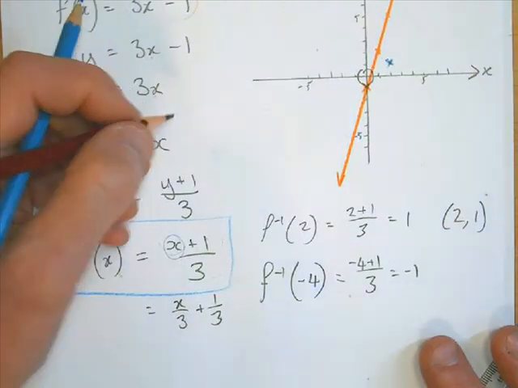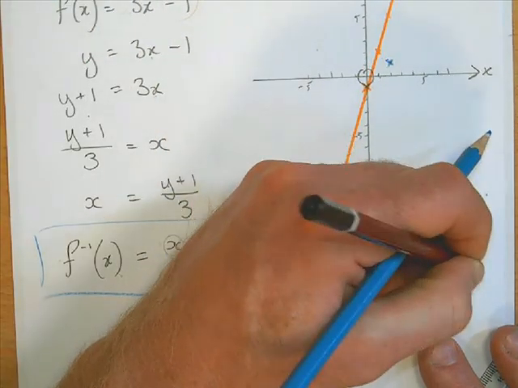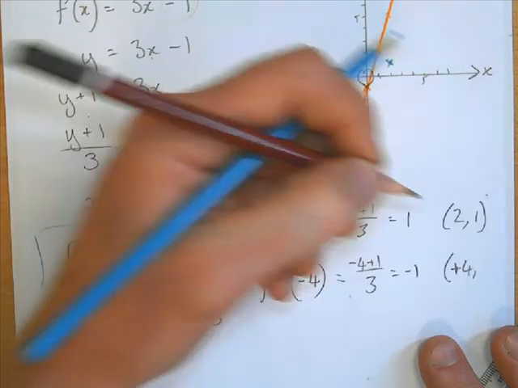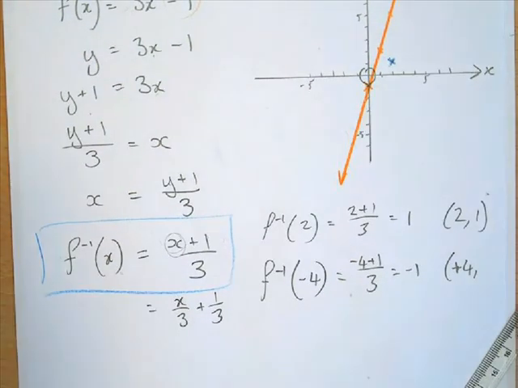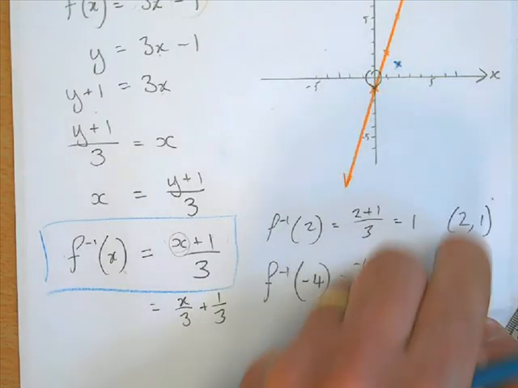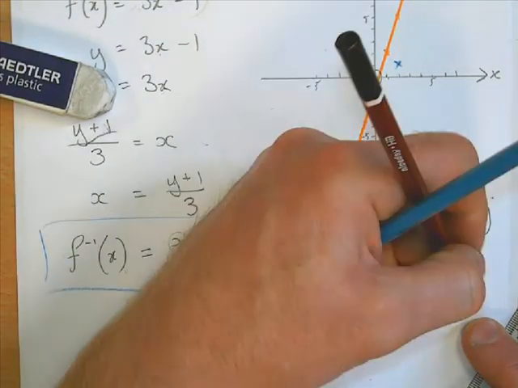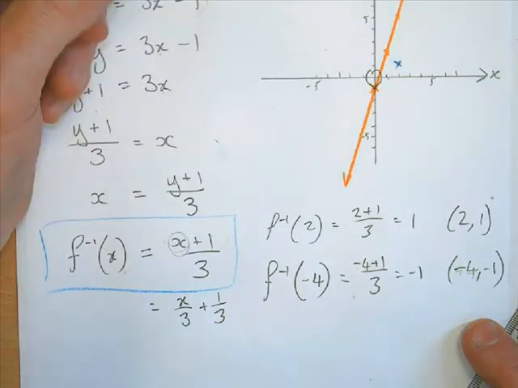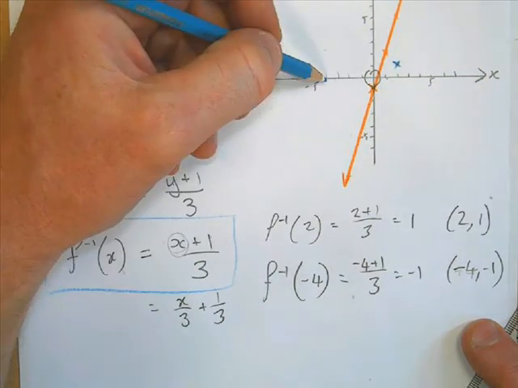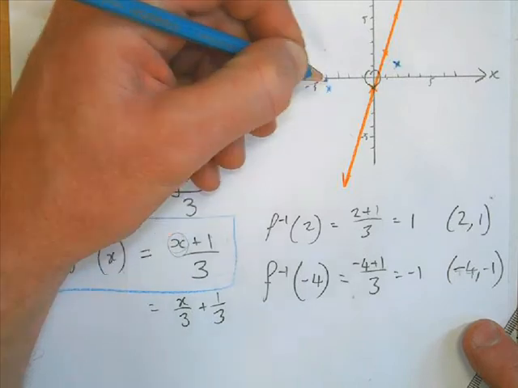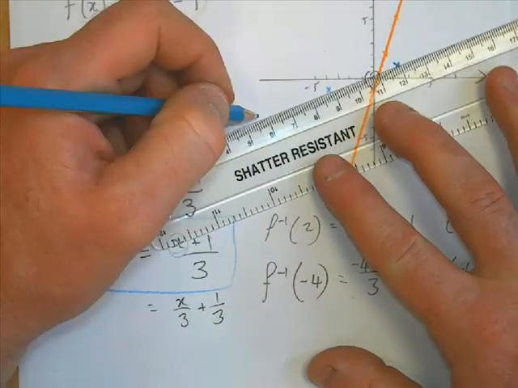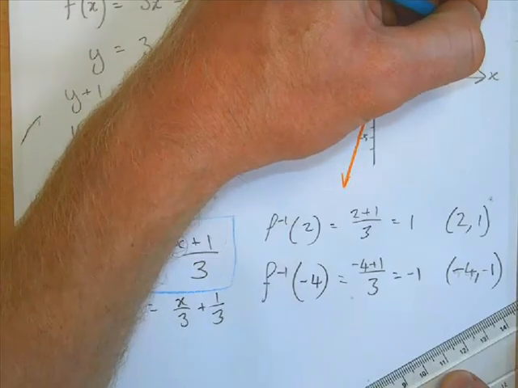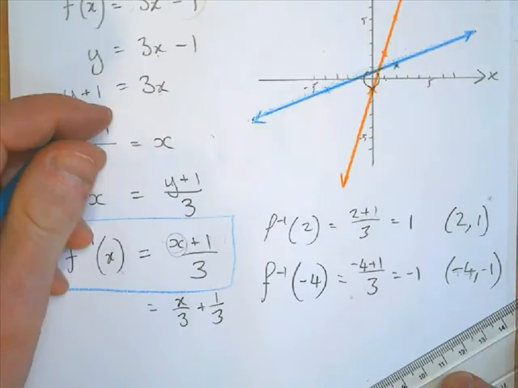So your next coordinate is minus 4, minus 1, for drawing your inverse function. So minus 4, minus 1 is there. So you could draw a line through those points. Again, you can do more points. It's always good to do 3 points, because then you'll see it's definitely in a straight line.